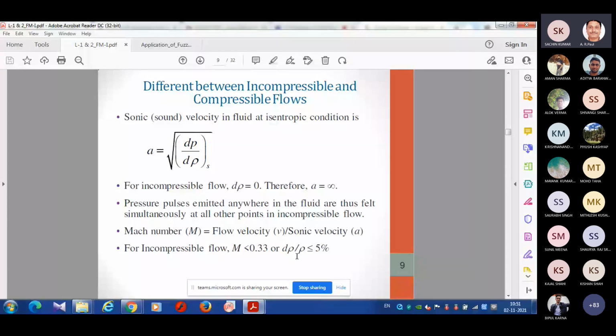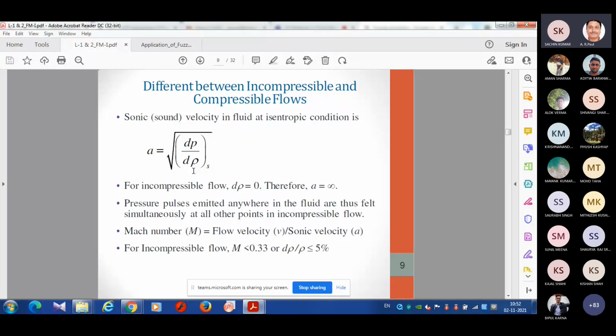If you change the temperature, your density will change. The denominator d rho in the sound velocity expression will change, and therefore your sonic velocity will change. So if you are doing this experimentation at 20 degrees Celsius, calculate the sound velocity through air at 20 degrees Celsius.